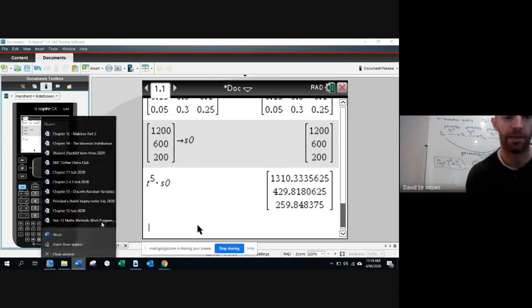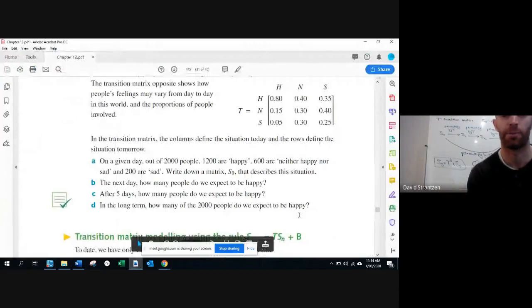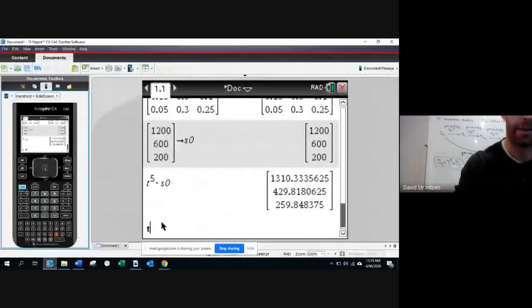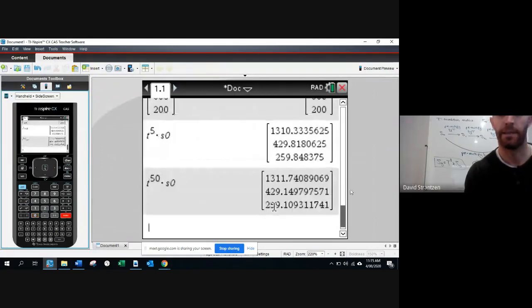The last part of this question, in the long term, how many of the 2,000 people do we expect to be happy? So in the long term means I'm comparing 2 successive states with big numbers, like T to the power of 50 times S0 is going to be this breakdown of happy, neither happy nor sad, and sad.